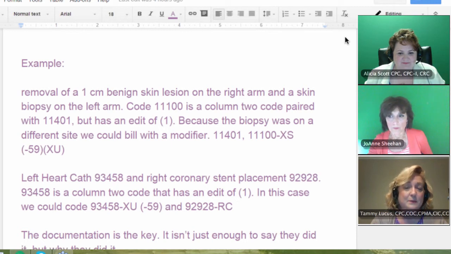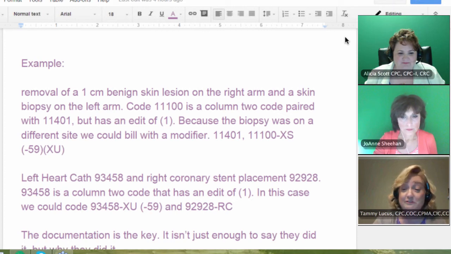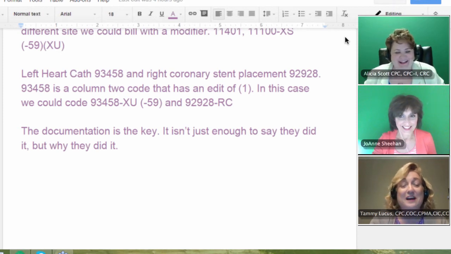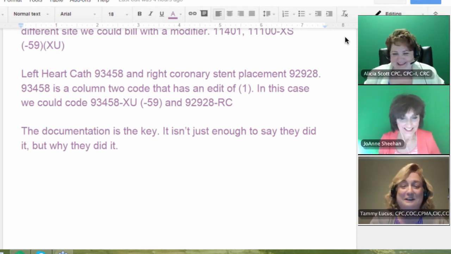Because the biopsy was on a different site, we could bill with a modifier, so it would be 11401 and then 11100 with XS is what I would use. Some people use XU. Some of you may still be using 59. I don't know how that's working for you, but we're not allowed to use them anymore.